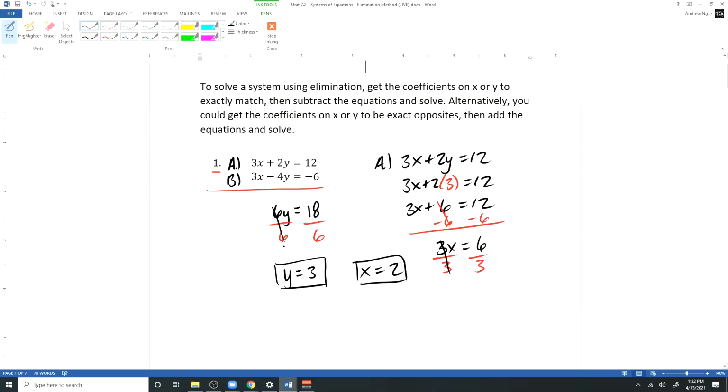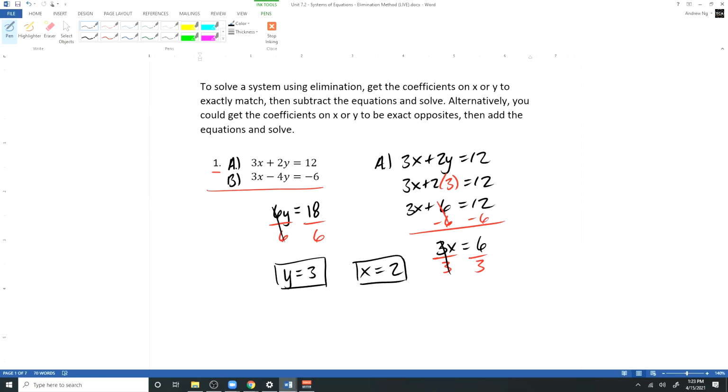Solving for y by dividing by 6, I found y equals 3. Once I knew what one of the variables was, y equals 3, I could plug it into either of these equations. I plugged it into A, such that 3x plus 2 times 3 instead of y is equal to 12. And solving for x, I found x equals 2.